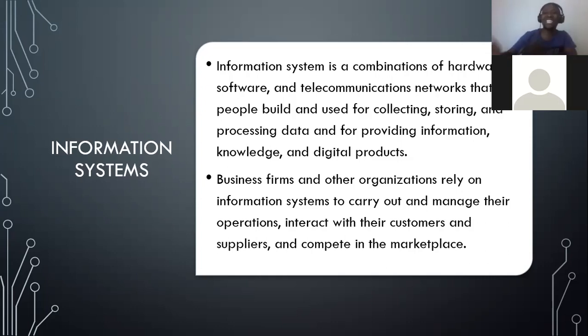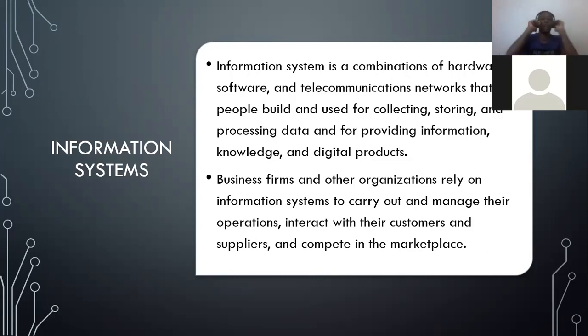So it can be an intranet or it can be an internet, right? As long as you want to communicate across departments or across organizations, you need a telecommunications network. So that is why we are saying an information system is not complete without those three components.